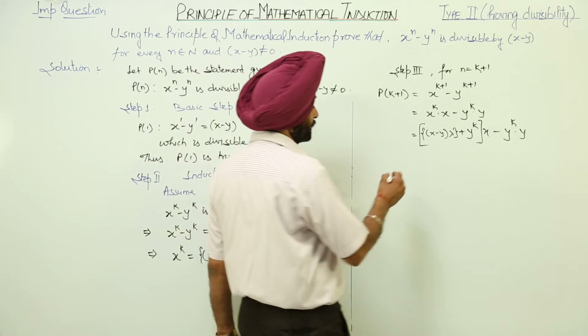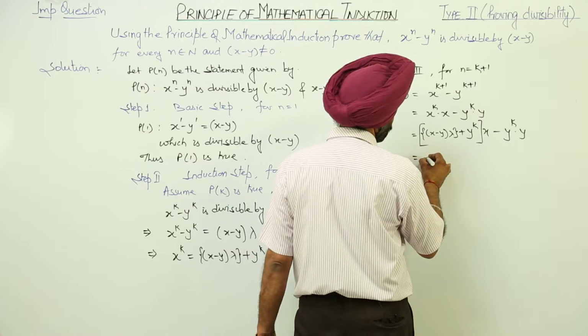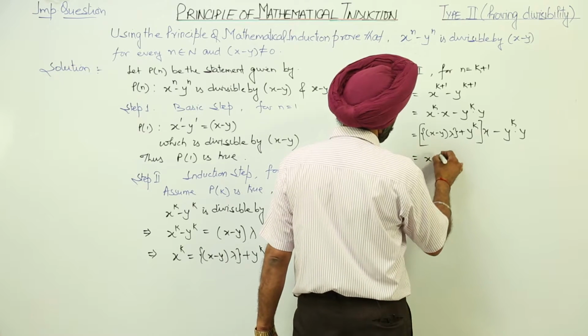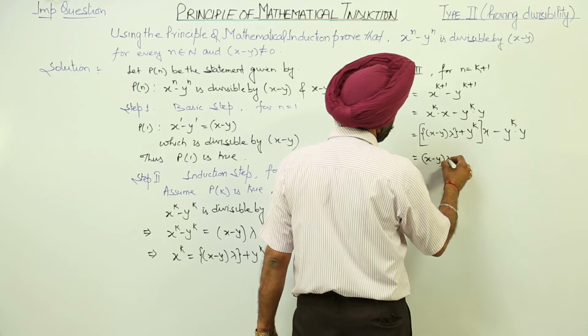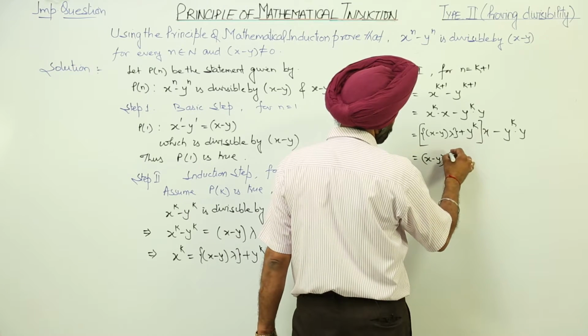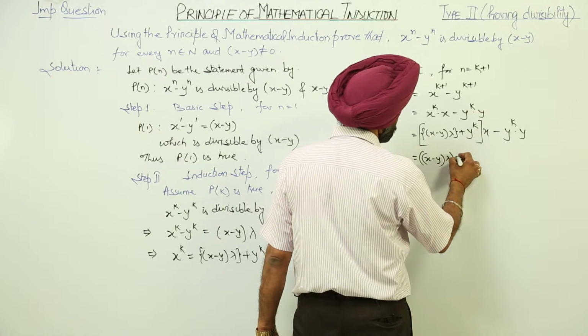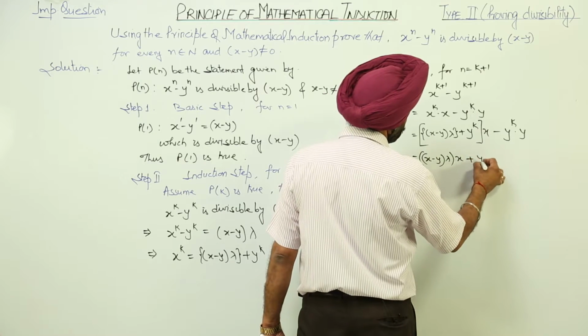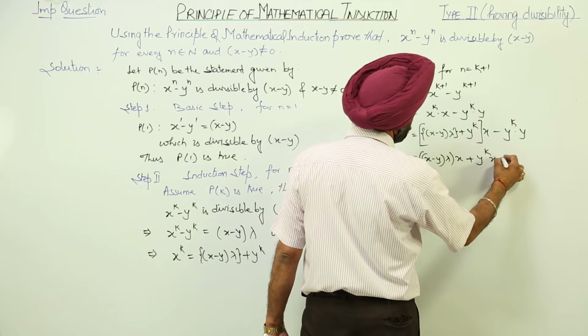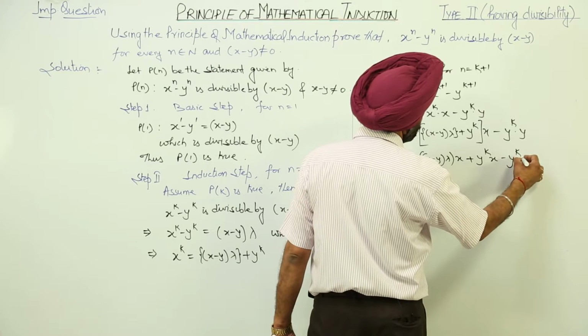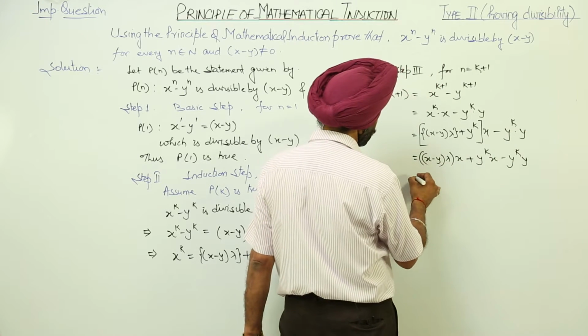Now opening the brackets, x minus y with lambda, this with x, plus y raised to power k with x, minus y raised to power k with y.